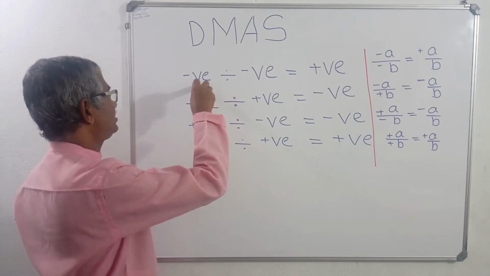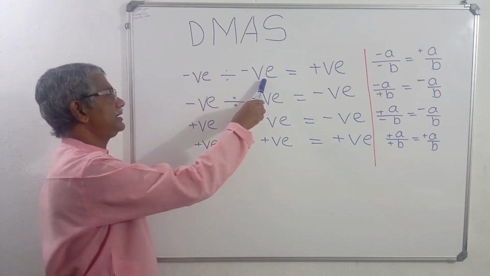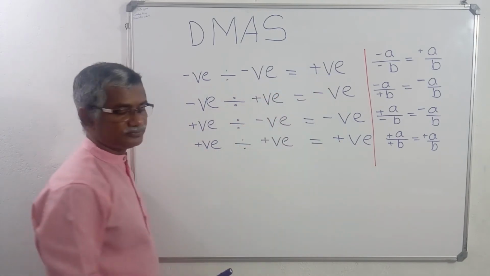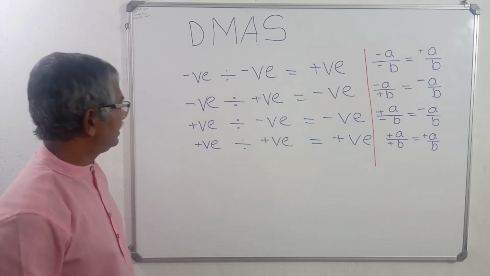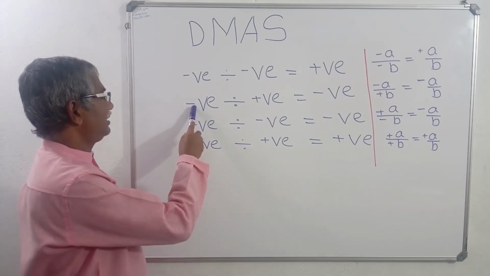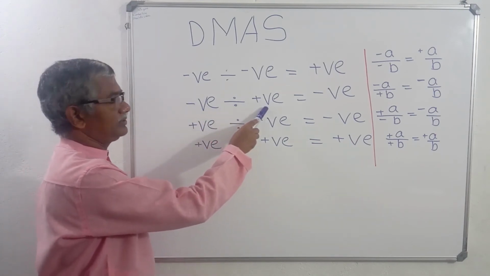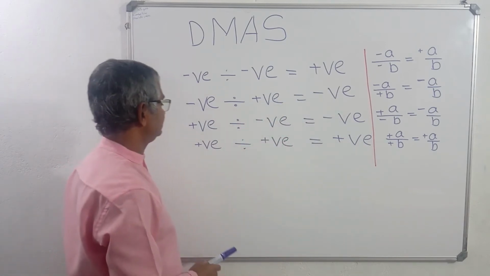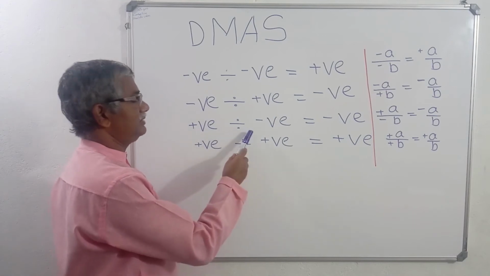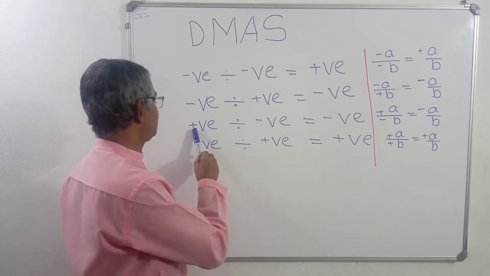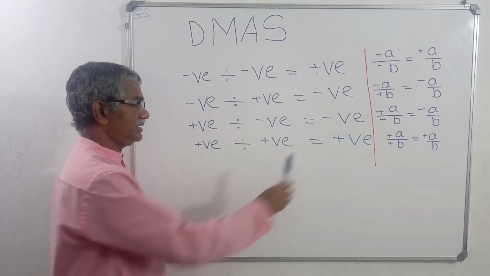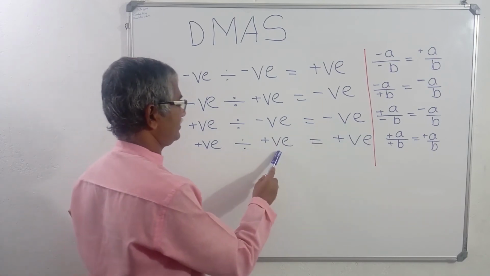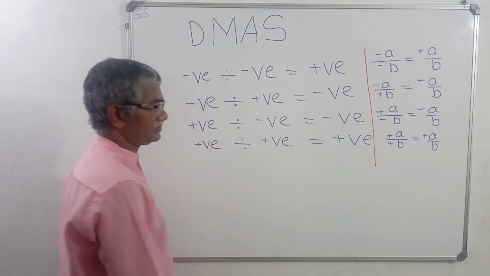So, a negative number divided by another negative number, getting positive. Again, a negative number is divided by a positive number. You can simply say it is negative. Negative number divided by positive number, getting negative. A positive number divided by a positive number, getting positive.